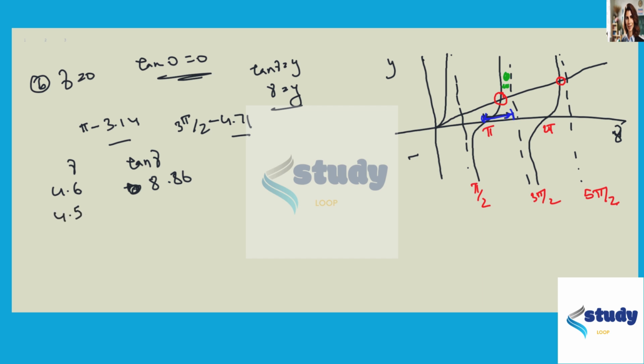For 4.5, tan gamma turns out to be 4.64. As you can see, they are much closer, but this is still larger, which means we are still in this region. So we use 4.45. This turns out to be 4.42. Now, as you can see, tan gamma is smaller than gamma, which means we are in this region.